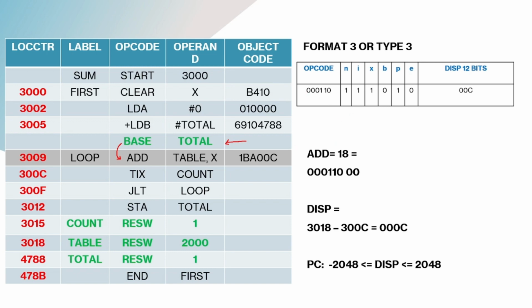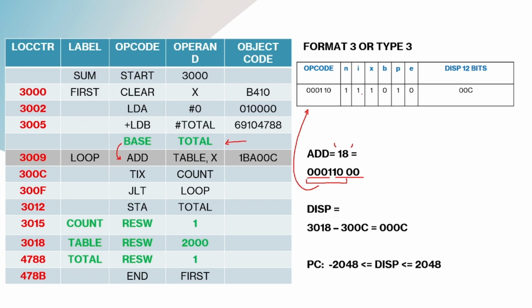Now calculating the object code, we have ADD. ADD is represented by 1 8, right? And the most significant 6 bits are these, and those will be represented right here in the opcode field. Now next, NIXBPE.